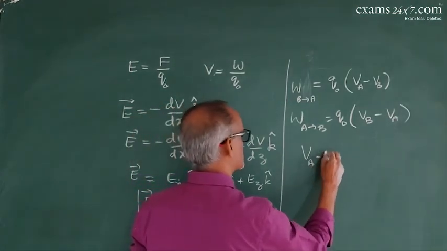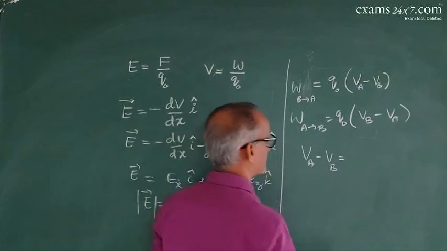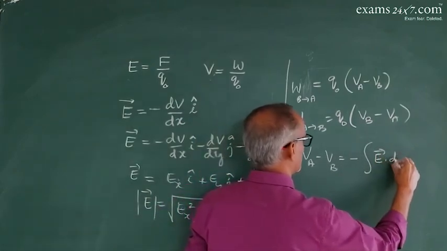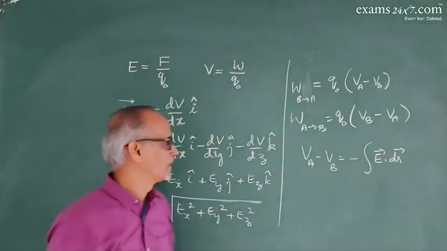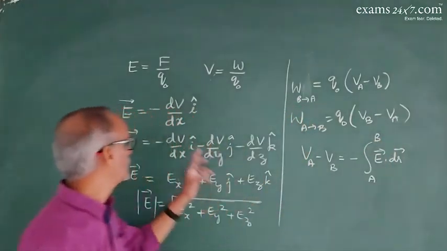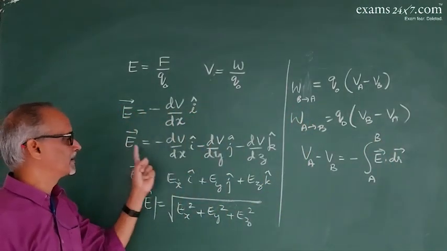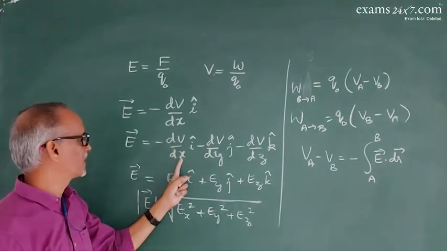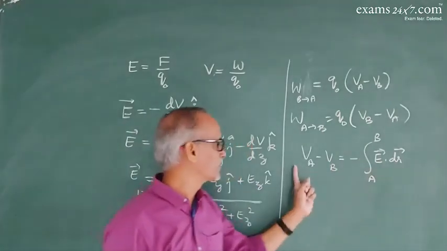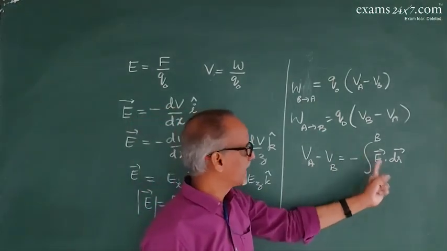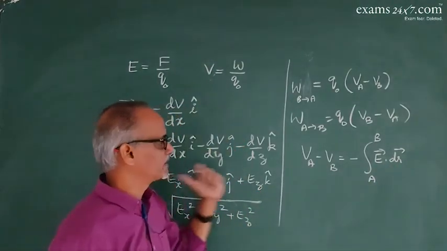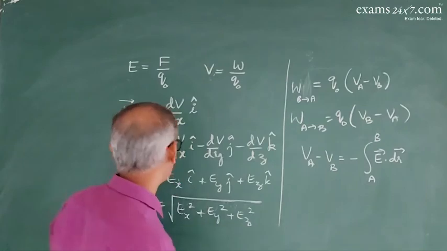The potential difference VA minus VB is equal to negative integration of vector E dot vector dr, within the limits A to B. So if potential is given, to find the field, differentiate the potential with respect to the variable. And if the electric field is given, if you want to find the potential, then integrate that electric field with respect to r. So this is the way to find one quantity by knowing the other physical quantity.